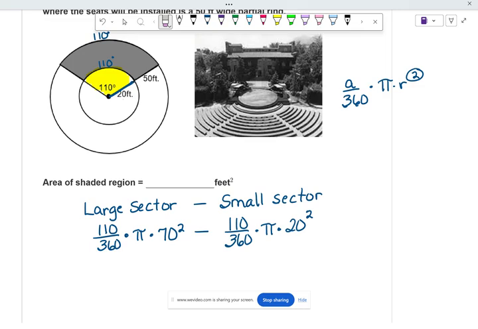Take a minute and type all of that in Desmos and round to the nearest tenth, and you should get 4,319.7. And the answer already has feet squared on it to let us know we're finding area.